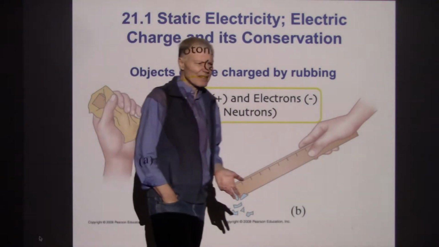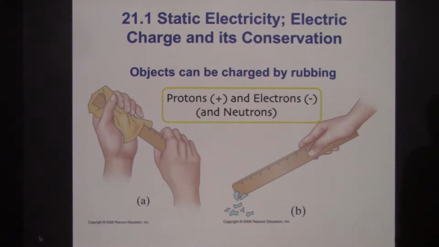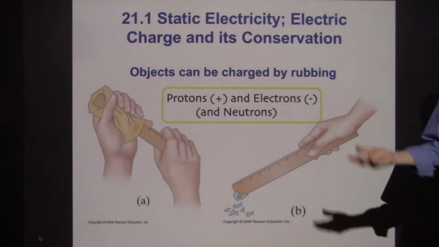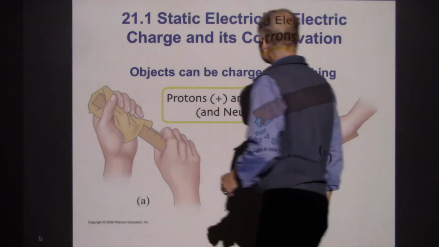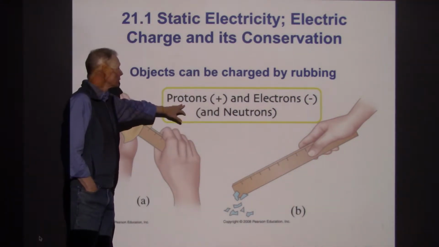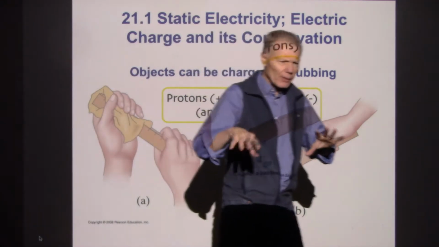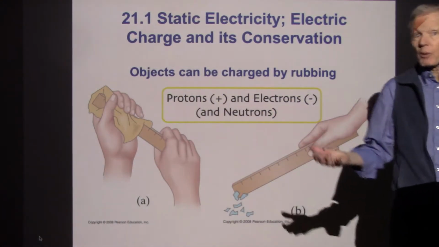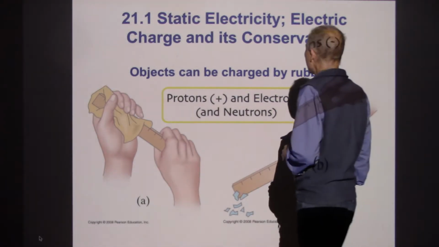You guys have probably seen this in your other science classes, where you talk about electric charge being either positive or negative. It's as if there are two different types of charge, or two different possible values of electric charge. Now we can trace these all the way back to protons and electrons. If we take a look at what things are made out of, at some point we hit the level of atoms and molecules.